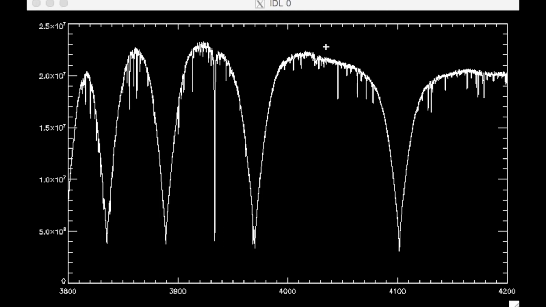If you've got a column of hydrogen, there's so much of it that some absorption is going to take place throughout this column at this temperature.